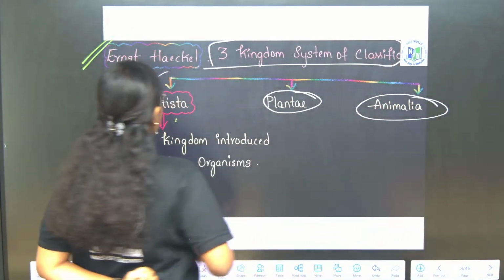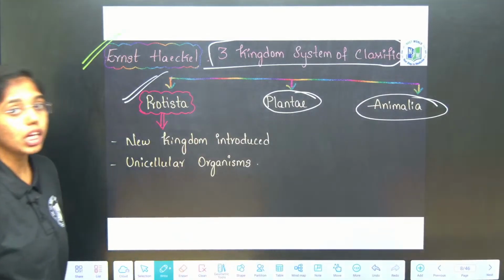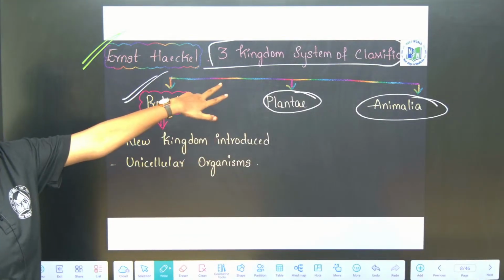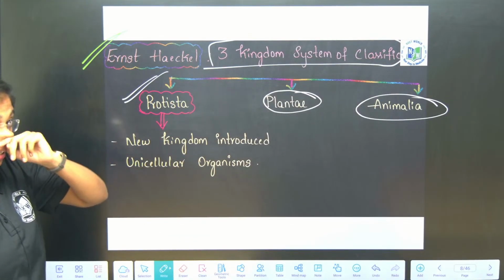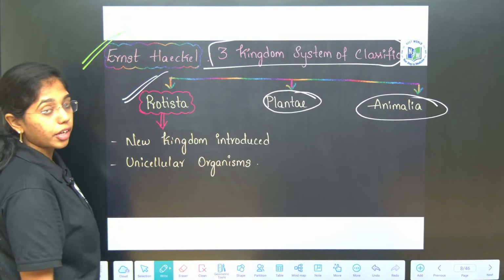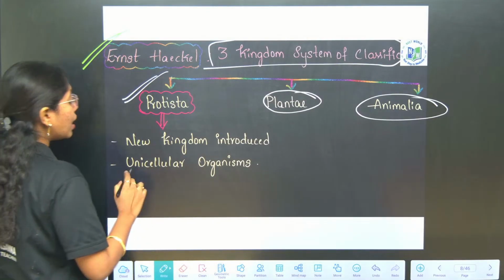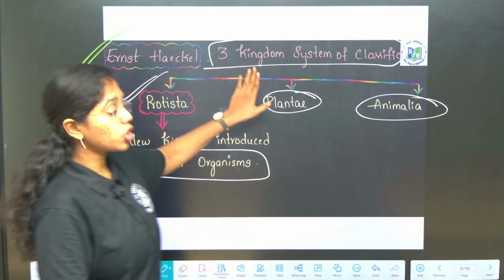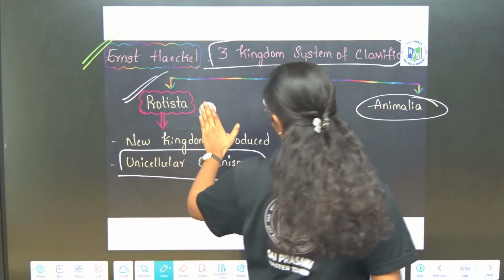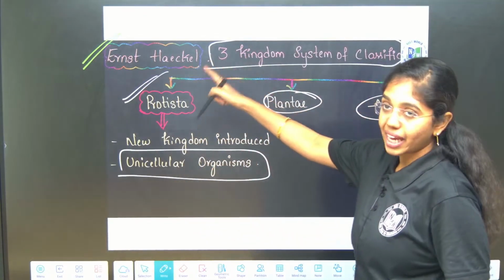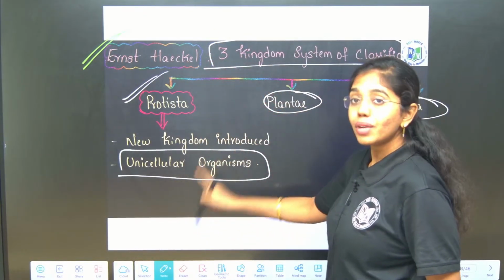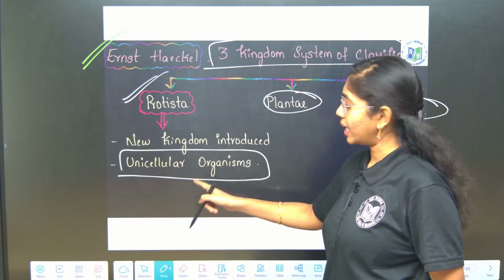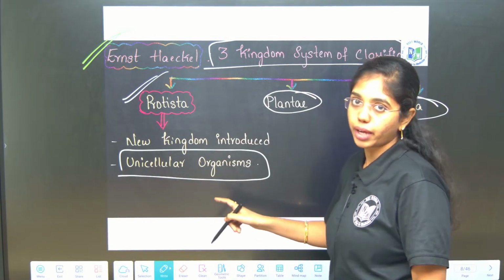Protista is the new kingdom included in the three kingdom system by Ernst Haeckel, which includes all the unicellular organisms primarily, wherein all unicellular organisms are placed, be it prokaryotic or eukaryotic.